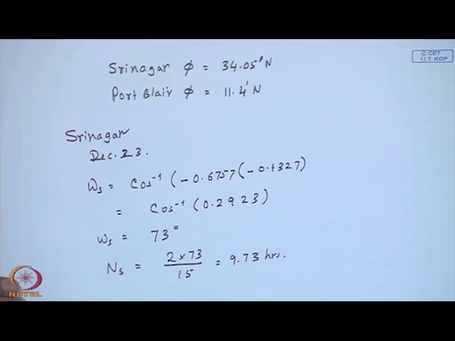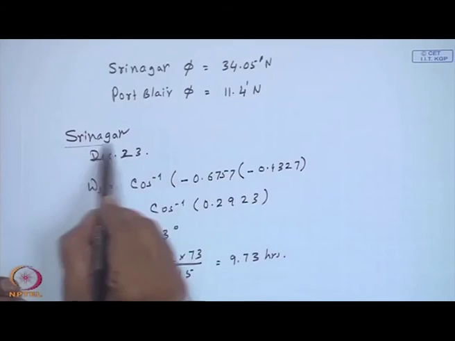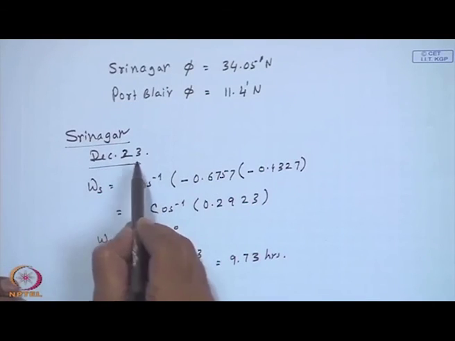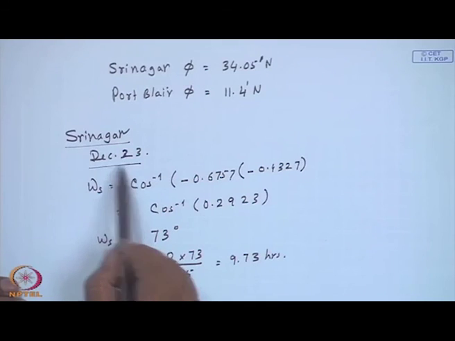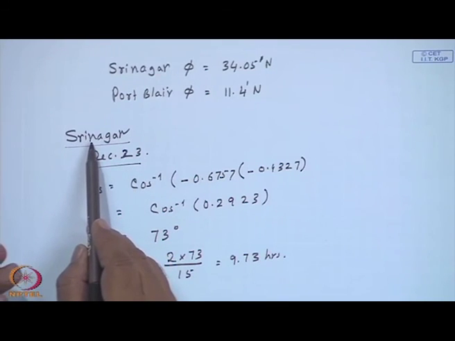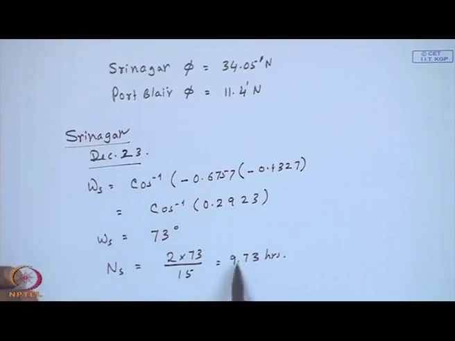So, as far as this lecture is concerned, we shall stop over here, but the important point is Srinagar, December, winter at a reasonably high latitude, you have got the number of sunshine hours 9.73.